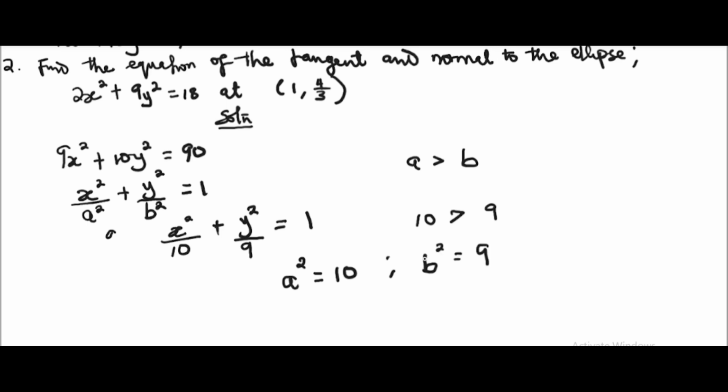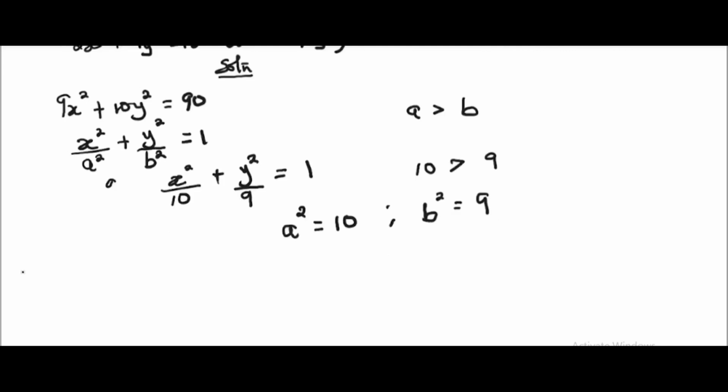So now to get our vertices, which is one of the questions asked, given that the ellipse is on the x-axis, let's first of all look at the major vertex. If a squared is 10, that means a will be equal to the root of 10. 10 is not a perfect square, and there's no perfect square inside 10, right? So we leave it that way. So we have plus or minus root 10. Then for the minor vertex, we will have b.